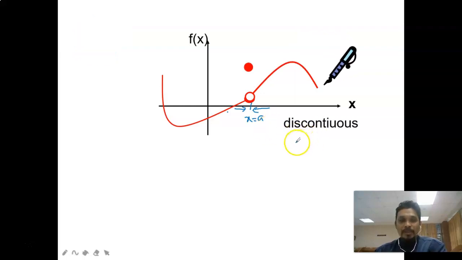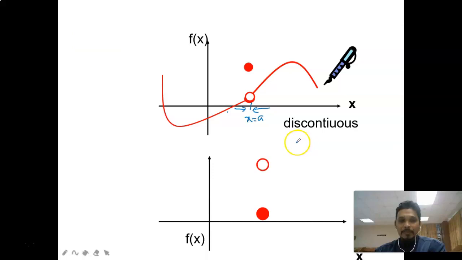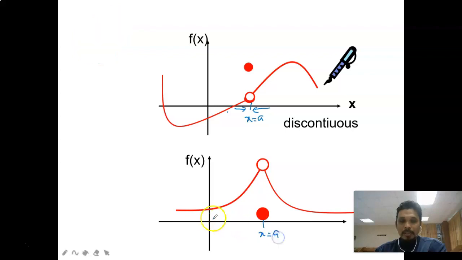An example of discontinuous here. And also at x equal to a, let's start the line from here, everything is smooth until here. Then I need to shift the pen and start all over again here.